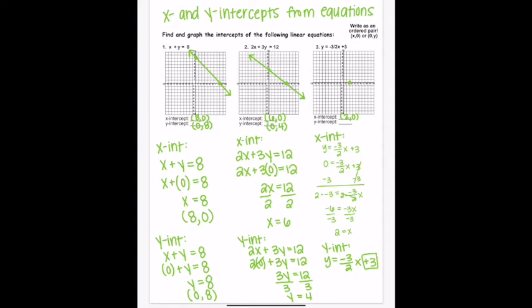So the y-intercept is 3, and that's because if we plugged in 0 for x, notice what would happen. -3/2 times 0 is 0. So we would still get y equals 3. That's only because this was already in slope-intercept form. All right, so y equals 3 for our y-intercept, and then we're going to draw that line.